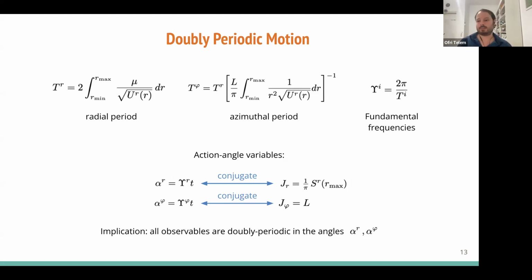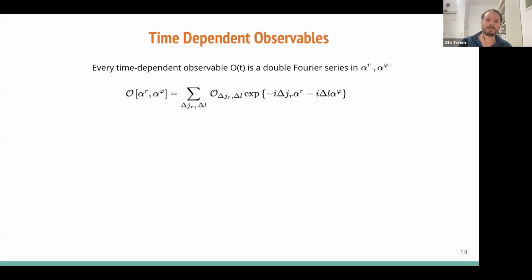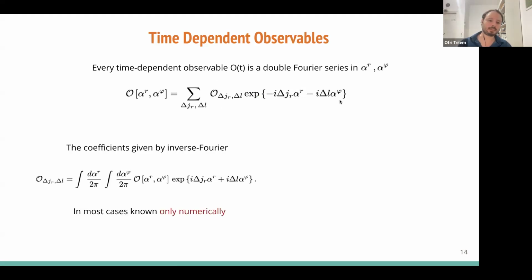The implication is that whatever observable I want to compute, be it the radius, the emitted field, or whatever, is going to be a double Fourier series in these two angles. So this is generically how you would write it: the Fourier coefficient times the exponential of the harmonics of alpha r and alpha phi, the two fundamental angles, with the coefficients given by the inverse double Fourier transform.